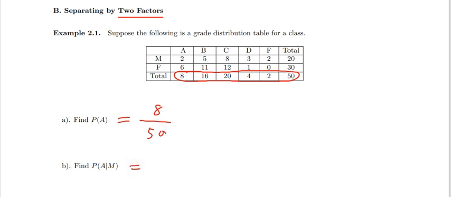Then this one is a conditional probability, meaning we just focus on male students, focus on those students. Okay, so totally we have 20 of them. Among them, how many got A? It's 2, right? So conditional probability is just to consider this part.